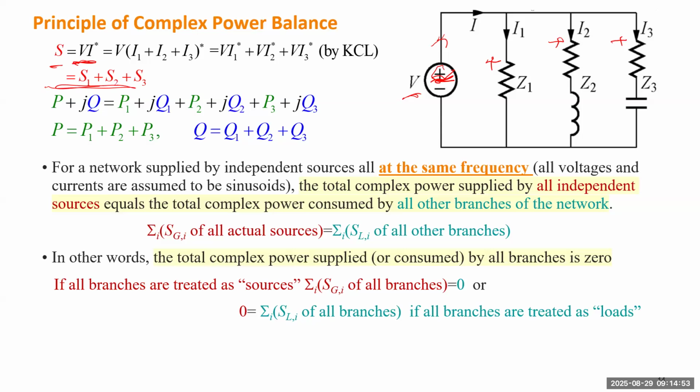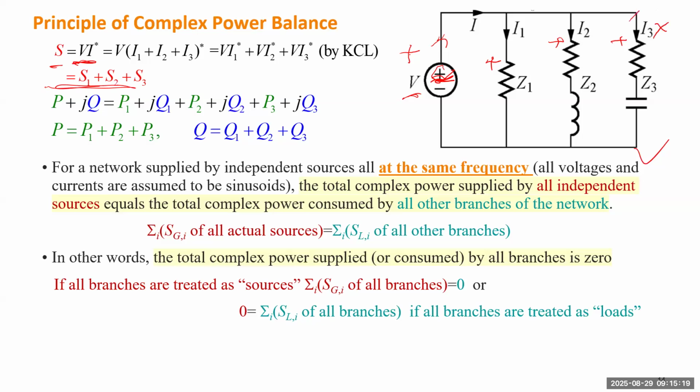We just treat everything to be a source. If you treat everything as a source, you still need to determine which side has the positive terminal, the higher voltage potential. So you always use the current leaving the positive terminal to calculate each individual complex power. For example, if we treat this branch as a source, we should not use this current.